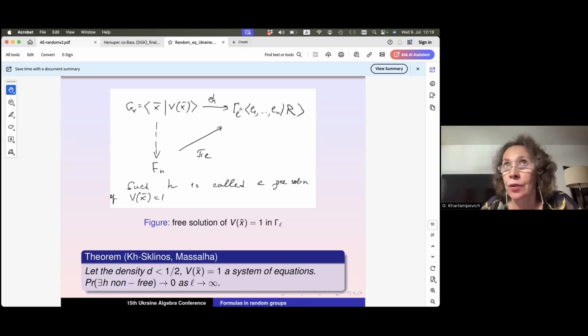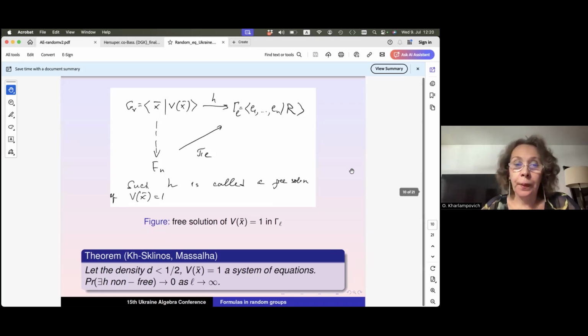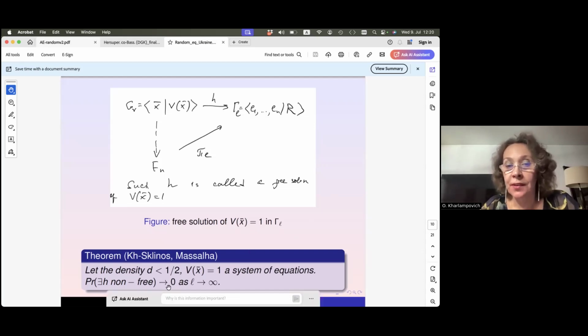So we can think about a solution as a homomorphism from this group given by relations which correspond to equations. In algebraic geometry, this would be basically the coordinate group of the system of equations. If the solution can be lifted to a solution in a free group, so to a homomorphism to a free group, and then the standard epimorphism from a free group on n generators into our random group. And so the probability of existence of non-free solutions, this is what we proved, is zero as L approaches infinity.